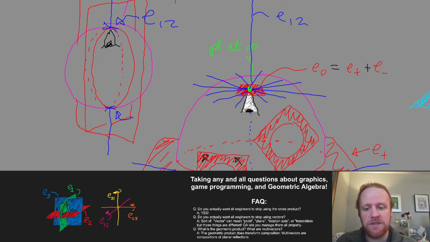So that point at infinity equals E120. It's equal to E12 plus E12 minus.